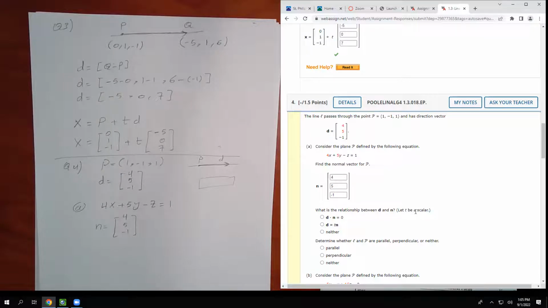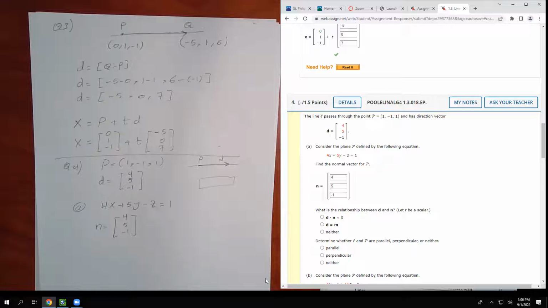Let T be a scalar. Check. Here is D, and here is the normal vector. Is that the same thing? So the relationship between D and N is going to be the first one or the second one, or you can say neither of these. They are the same. So can we say that if we multiply D times N it equals 0, or we can say that D equals T times N? This is really important.